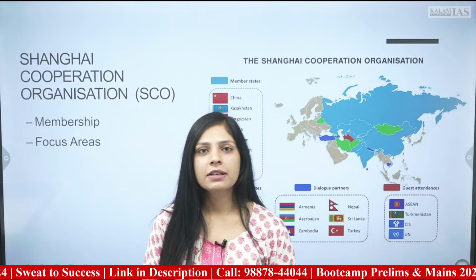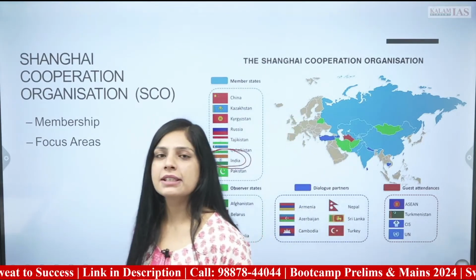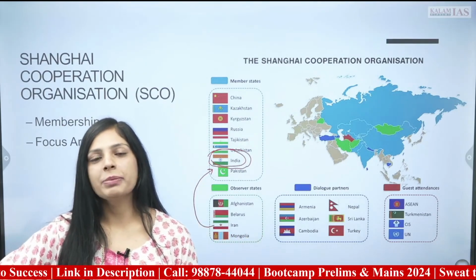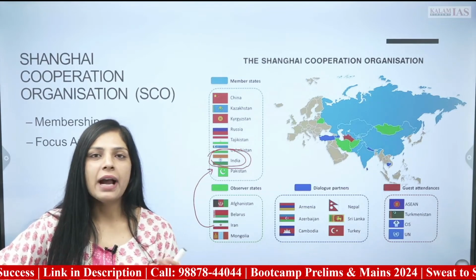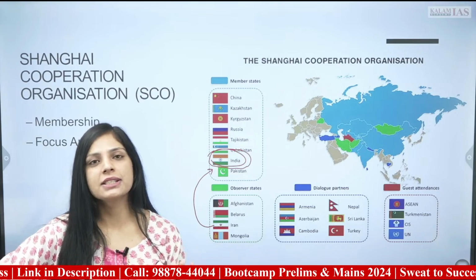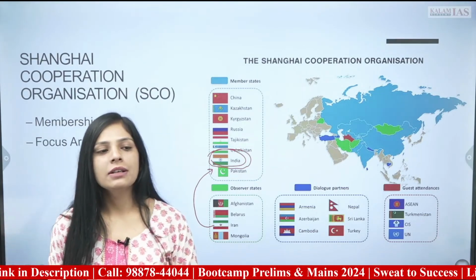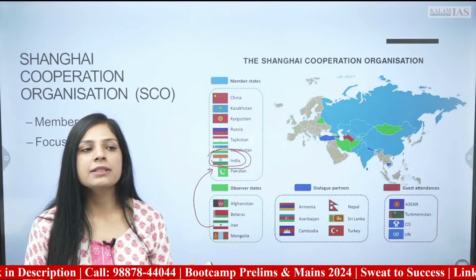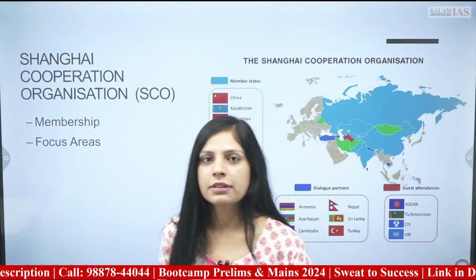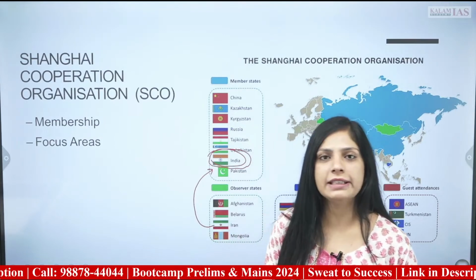So the objectives also help you answer a few questions. See, every year questions are asked which cannot be predicted, right? So you have to have some framework so that whatever kind of question is asked, you would be able to write something at least, even if you have not studied the current developments or some news that can help you. So this framework would help you in answering all the questions on international institutions.